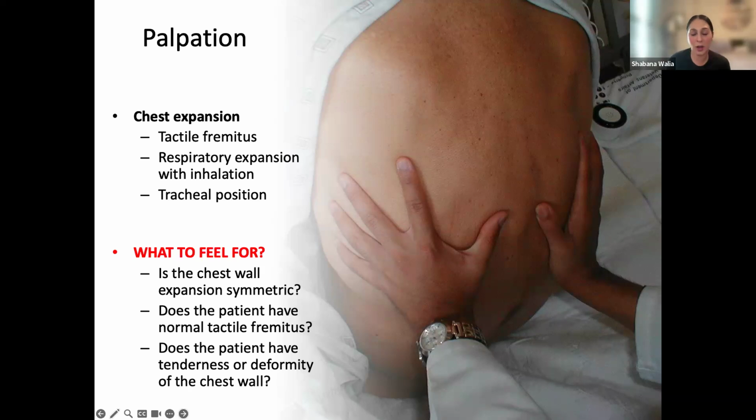And again, you're not going to know abnormal until you feel normal 100 times. Tactile fremitus is really that low frequency vibration that you're feeling on the chest wall from the patient's speech. You can take the corners of your hands and place them on the patient, or you can take the palm of your hands.